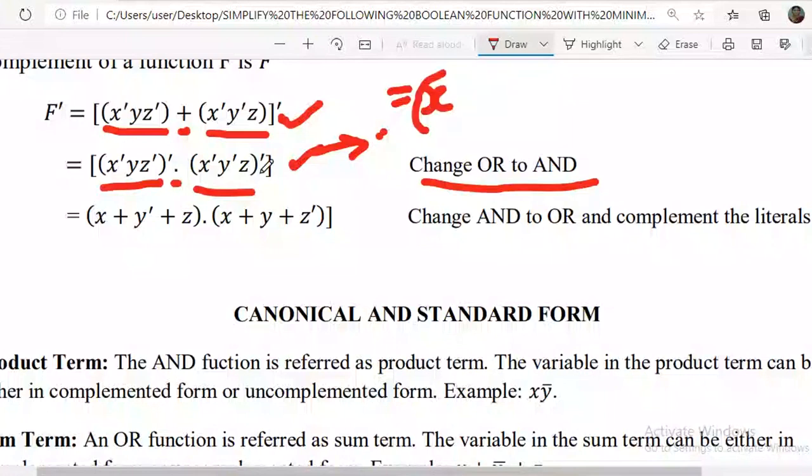Already I have a dash, one more dash I am putting. If I am taking this inside, this and has to be changed to or, so this multiplication will become addition. Now I have y, the whole dash. Next, this dot has to be taken as addition, plus z dash is already available, so the whole dash has to be taken, so it becomes double dash. Into.